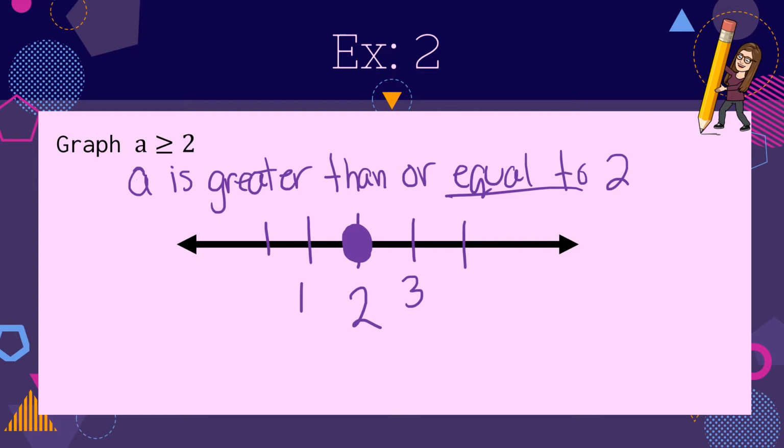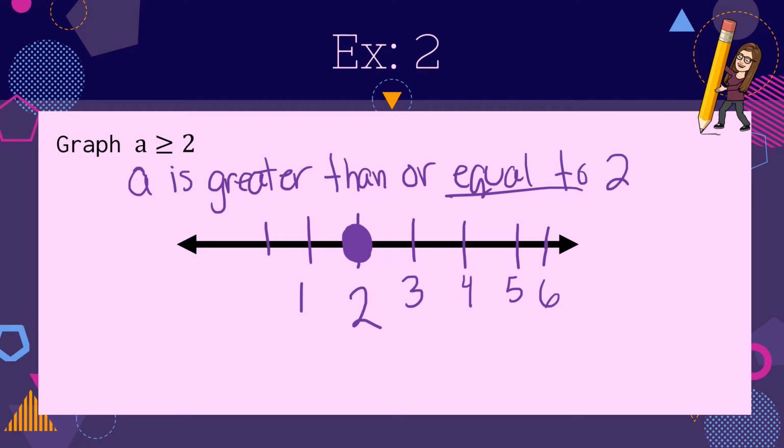Next, all the A's are greater than 2. Well, which numbers are greater than 2? 3, 4, 5, 6, all of those numbers are greater than 2, so they're included as solutions. So that means I want to shade to the right.